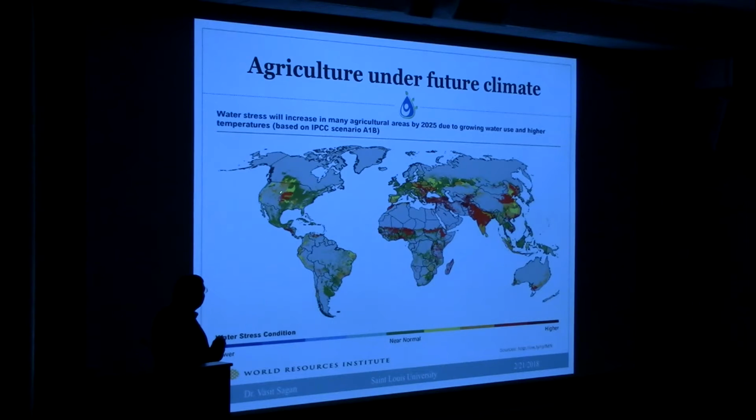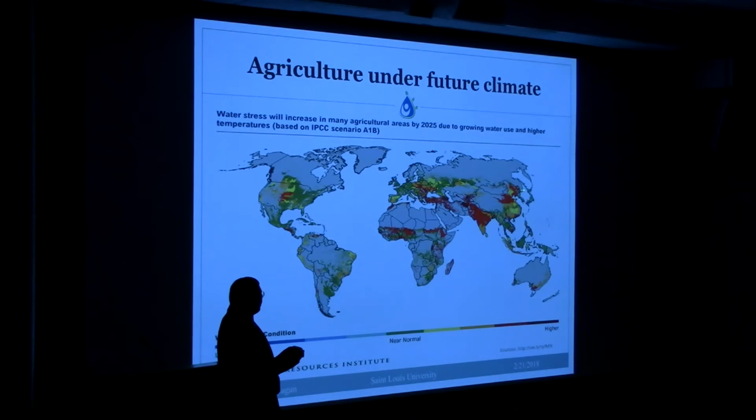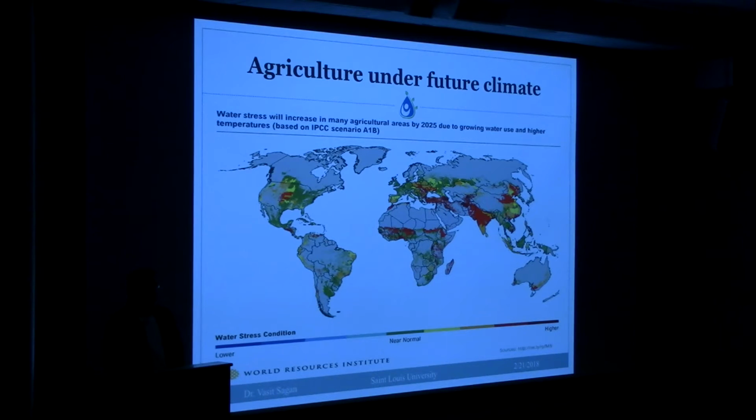You see the Midwest, the Great Plains and Corn Belt will be under water stress. And also many parts of the world, like Eastern China, India and portions of Europe, all of those areas where our food comes from today will be under water stress in the future.